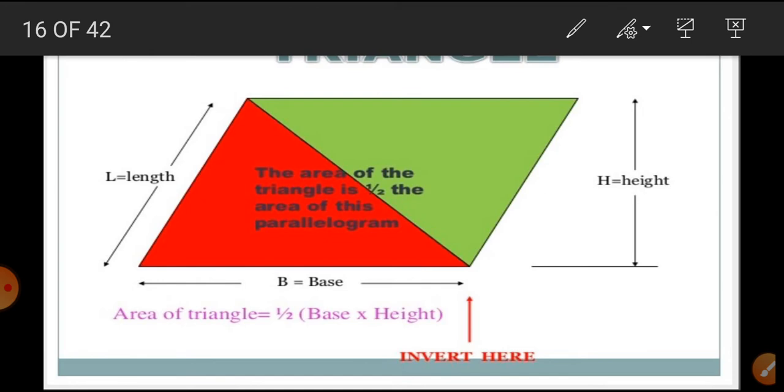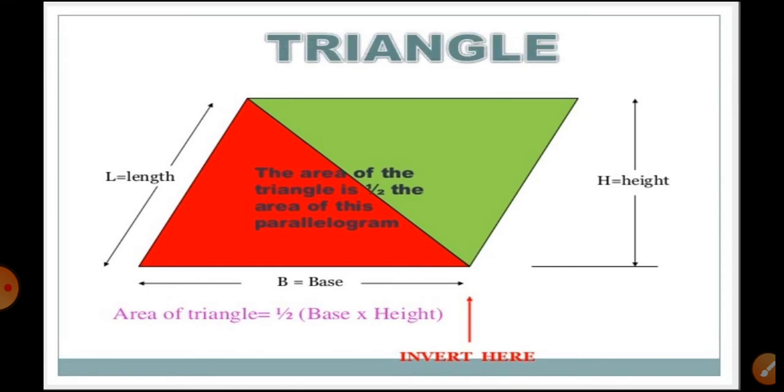The area of the triangle is half the area of this parallelogram. Understand? Area of a triangle is what? Half into base into height. This is the area of the parallelogram. So, the area of the triangle is half the area of the parallelogram.